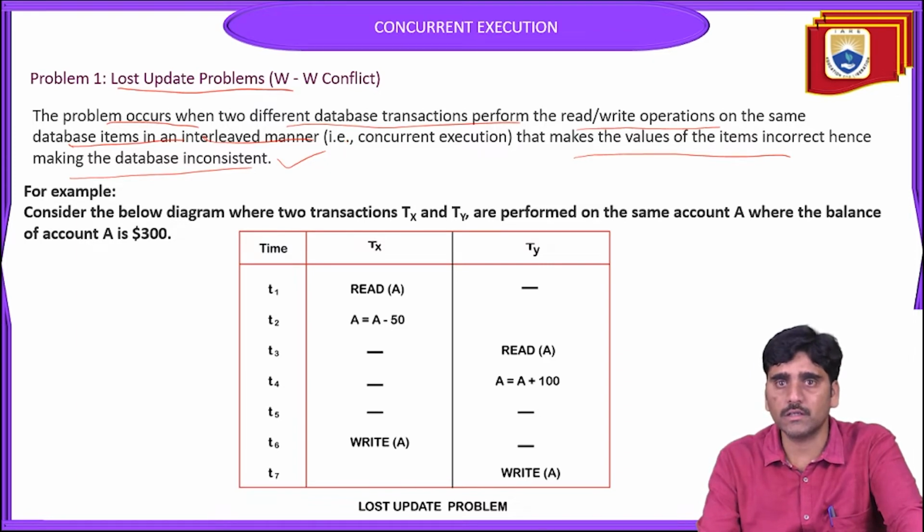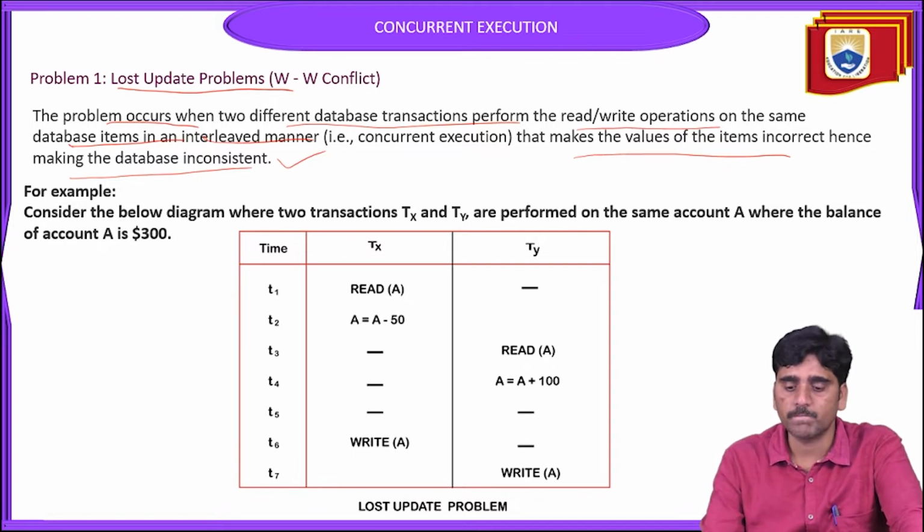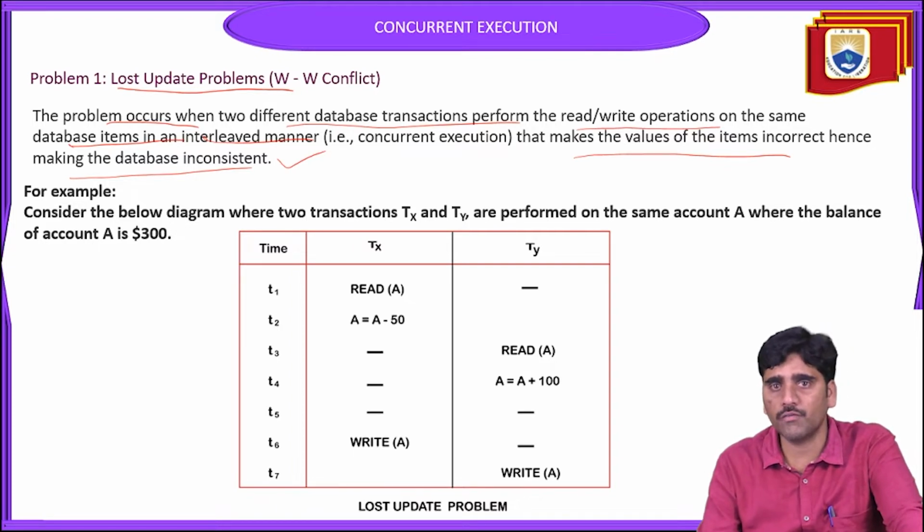That means read and write operations are on the same database items in an interleaved manner. The thing here is that the transactions happened in the previous years or previous hours, and all the transactional operations are executed.